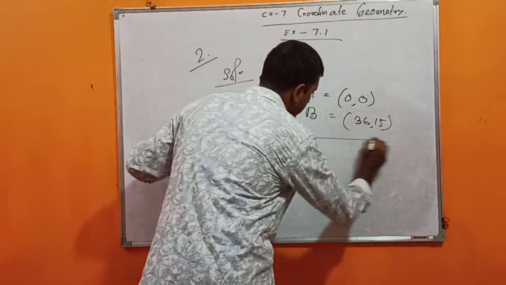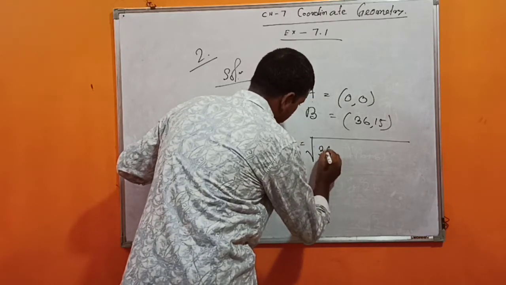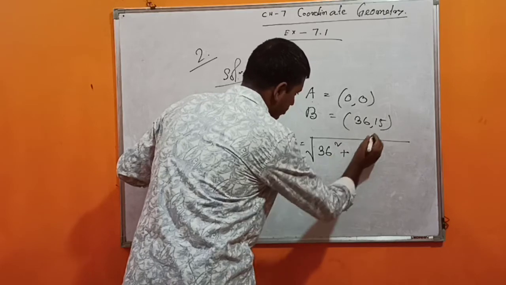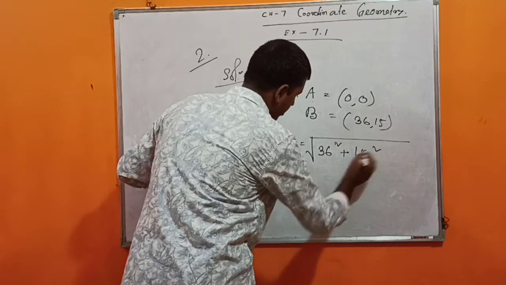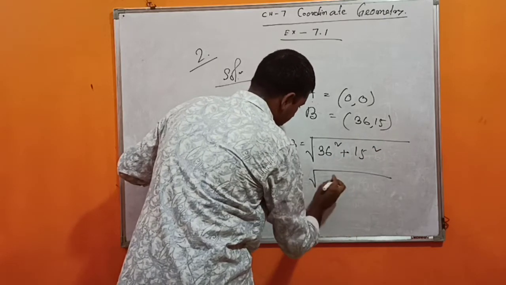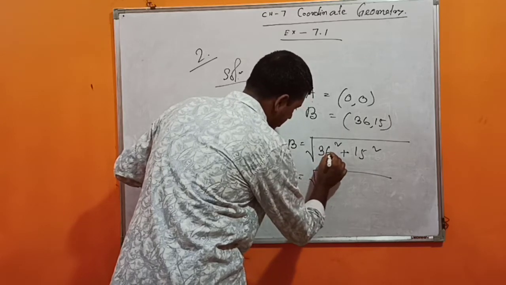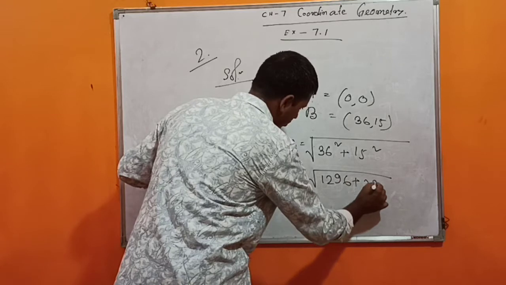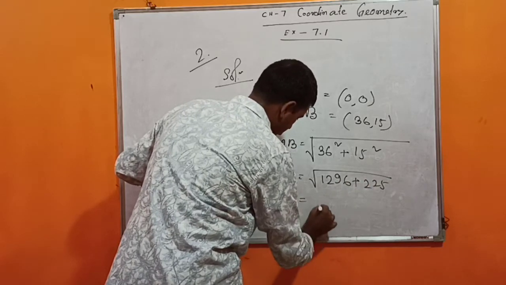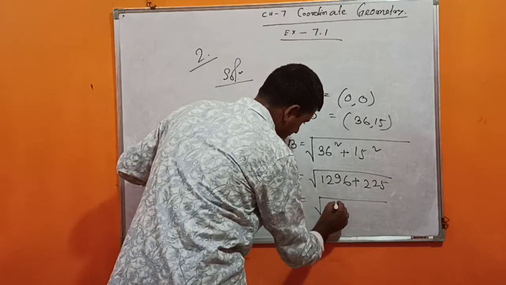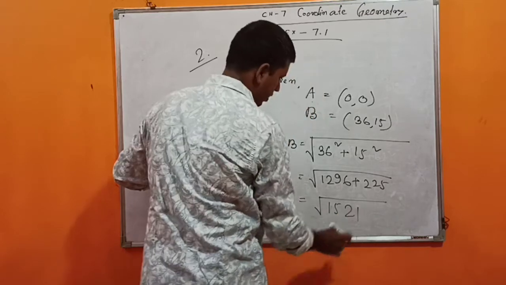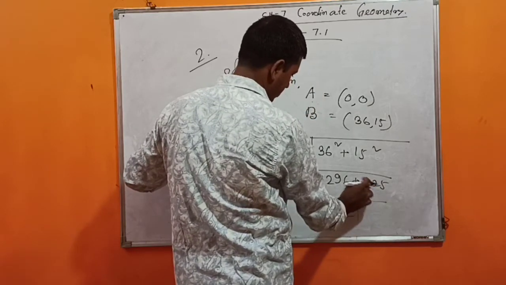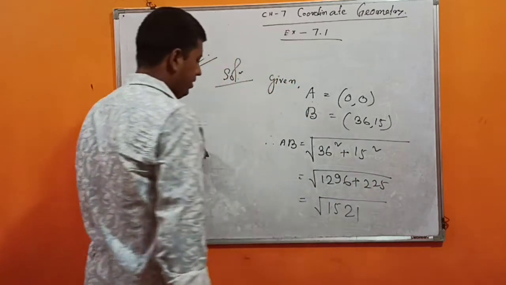So therefore AB will be root over 36 square plus 15 square, that is x square is 36 square, y square is 15 square. So 36 square is 36 into 36, that is 1296. 15 square is 225. So it will be 1521.